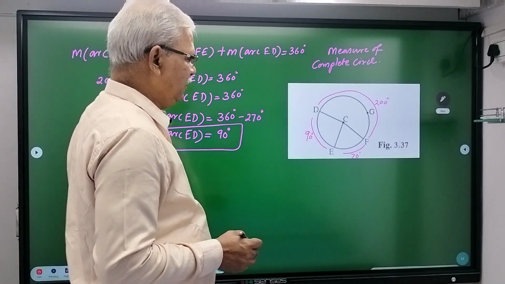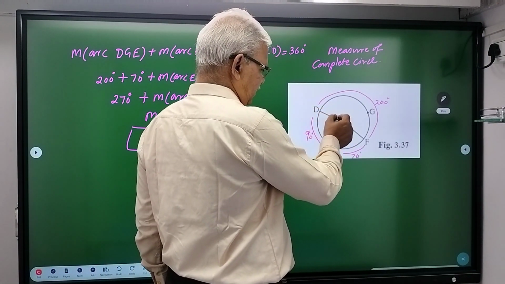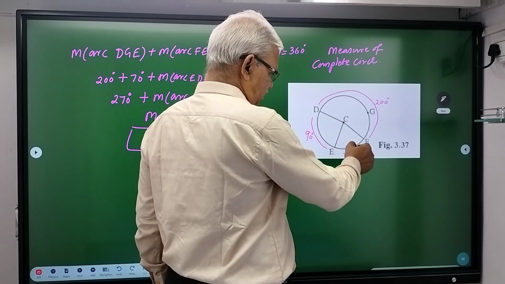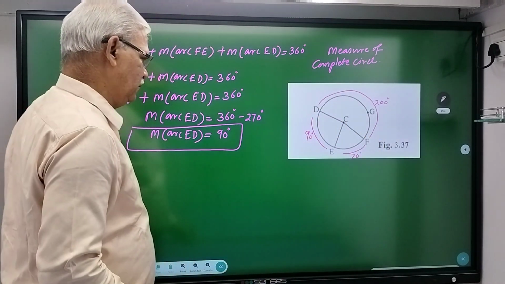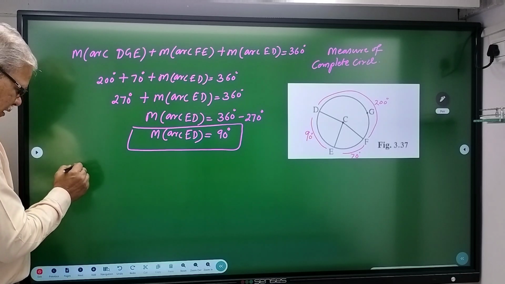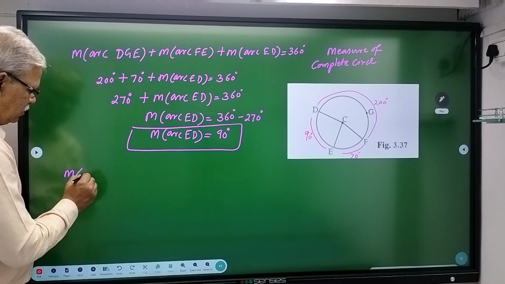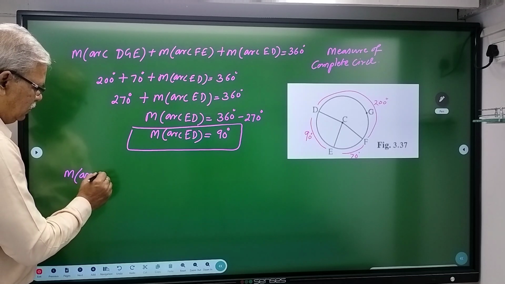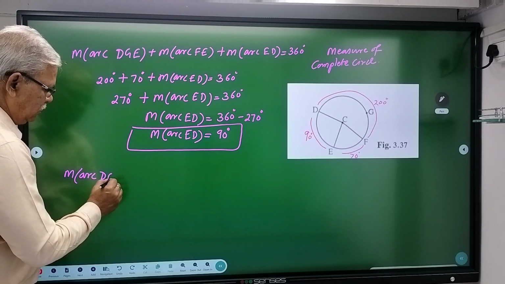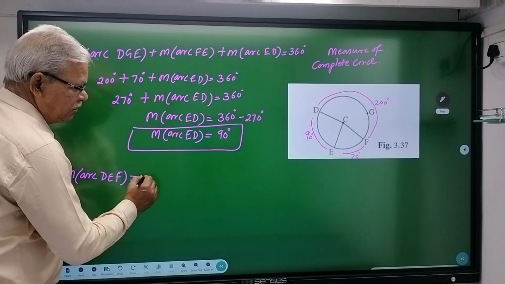Now the second one is asking to find the measure of arc DEF. Okay. Then we will write here directly, arc DEF is equal to how much?